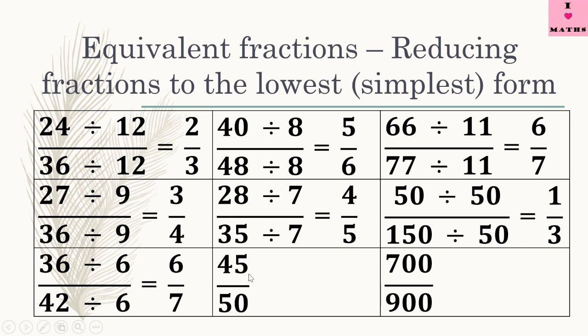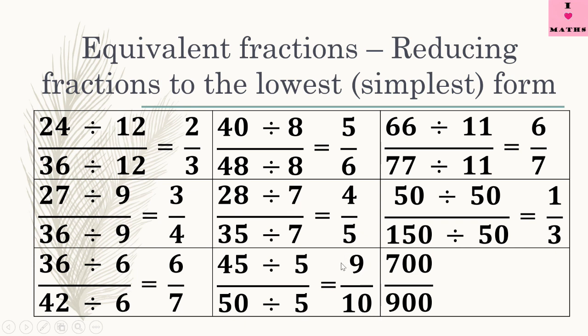Okay, let us go to this number, 45 upon 50. So you can straight away see that 45 and 50 come in the table of, think very easy, 5. Yes, 45 divided by 5 is 9 and 50 divided by 5 is 10.